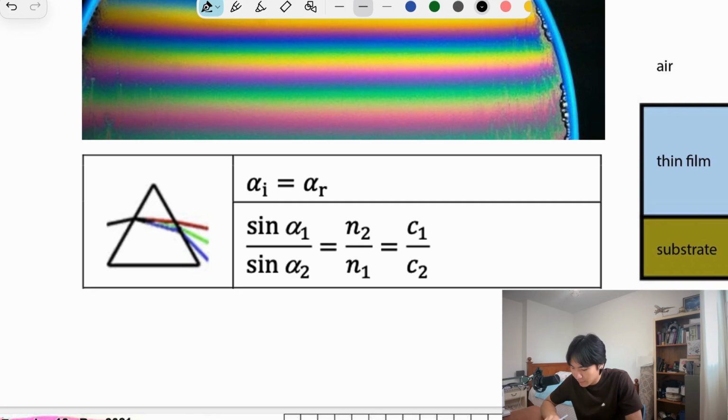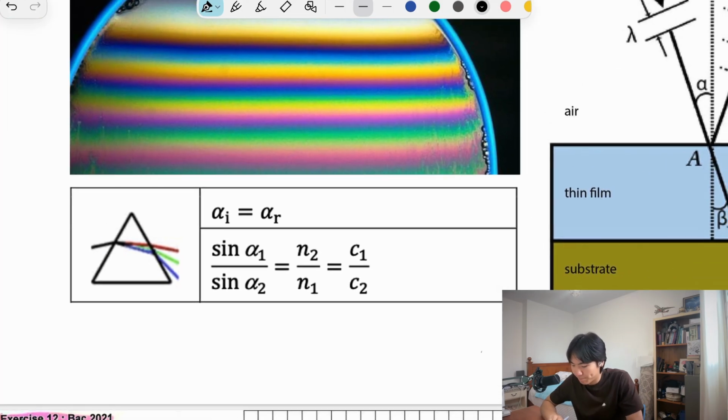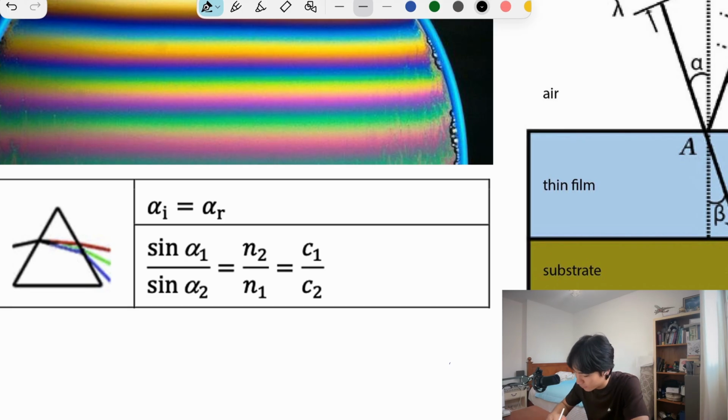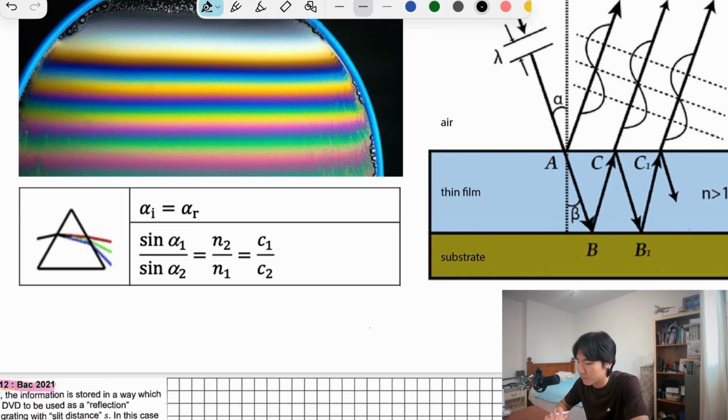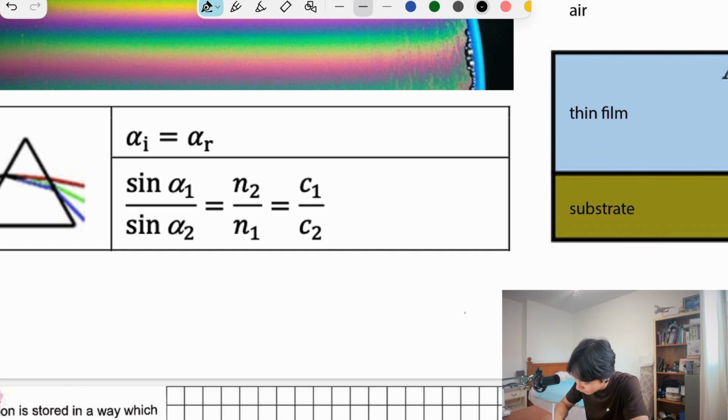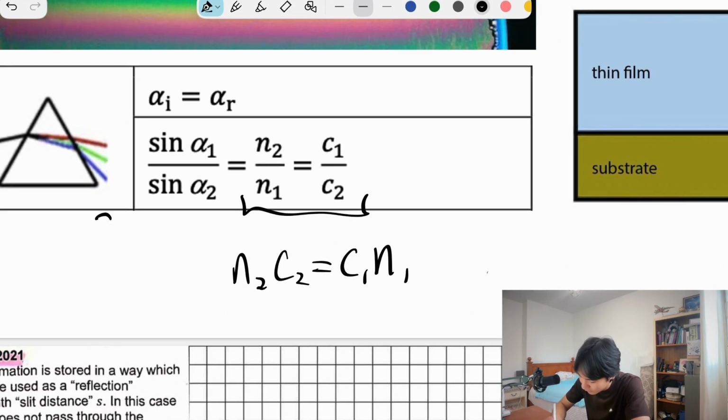What do I mean? Let me just search up the refractive index for diamond. We know that the refractive index for diamond is 2.42, and the refractive index for vacuum is 1. That's how we define the constant. So we'll just rearrange this formula: N2 C2 is equal to C1 N1, and say that 2 is diamond and 1 is vacuum.